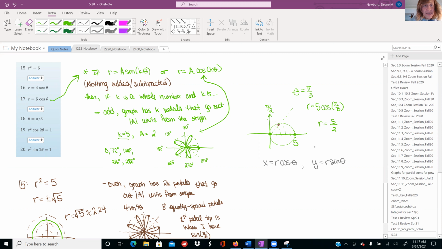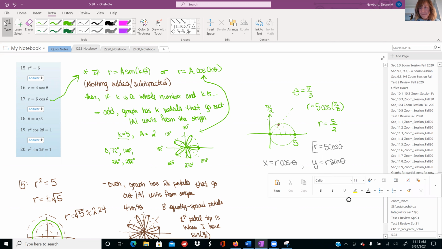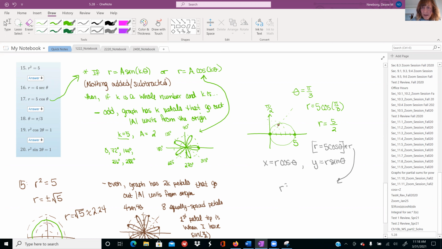So if they tell me r equals 5 cosine theta, what I really want is r times cosine theta. So I could multiply both sides of this equation by r. So on the left, I would get r squared. And on the right, I get 5r cosine theta.